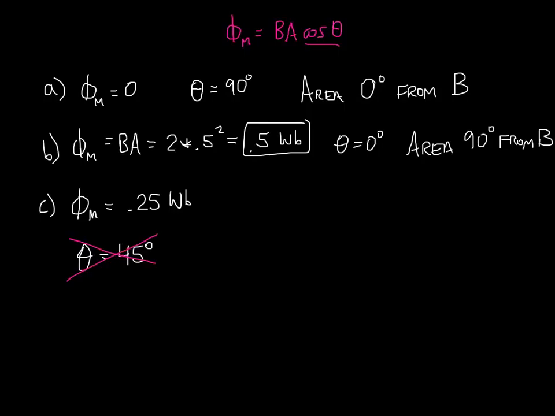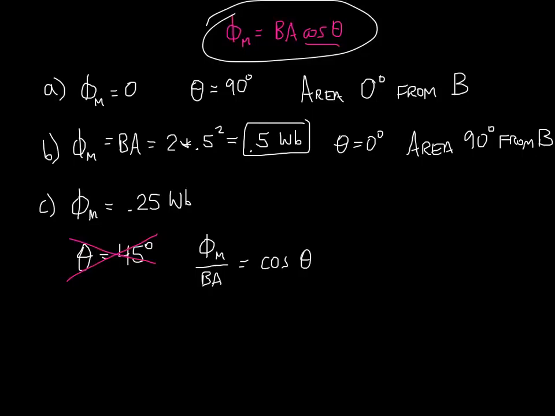So if we rearrange this equation for the magnetic flux to get theta by itself, divide both sides by BA. So we have the flux over BA is equal to cosine of theta, and then we need to take the inverse cosine of both sides. So theta is equal to the inverse cosine of the magnetic flux over BA.